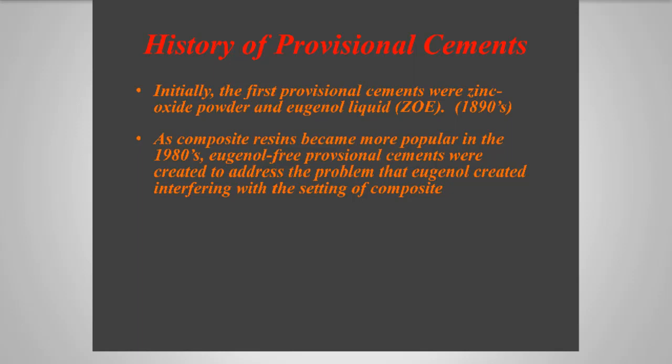So more and more now, ZOE temporary materials themselves are not used in this day, except for traditional PFMs. As we go to metal-free and bonded type of materials, we needed to have a material that wouldn't interfere with the bonding process.